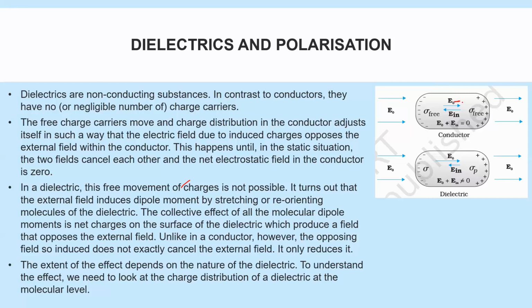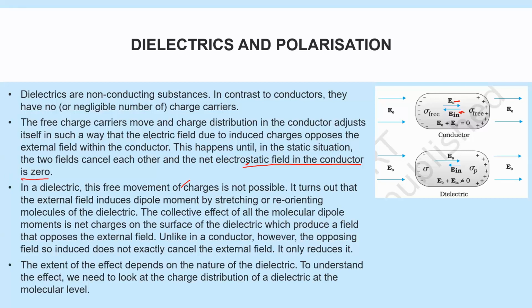Suppose this is your external field and this is your induced field. They oppose each other within the conductor. In a static situation, this will keep happening until the fields cancel each other and the net electrostatic force in the conductor is actually zero.